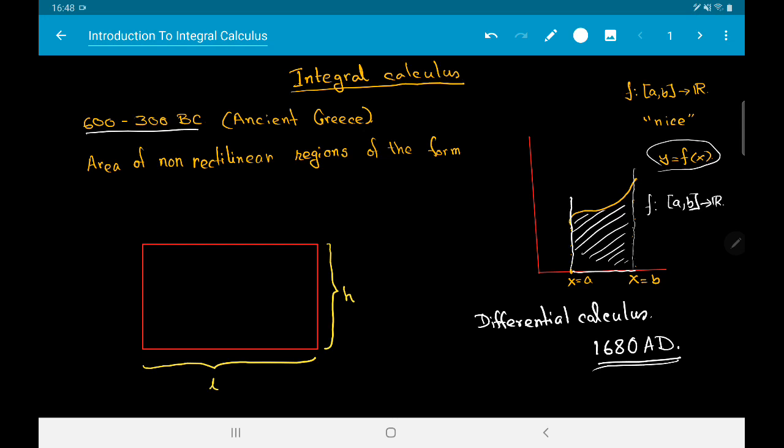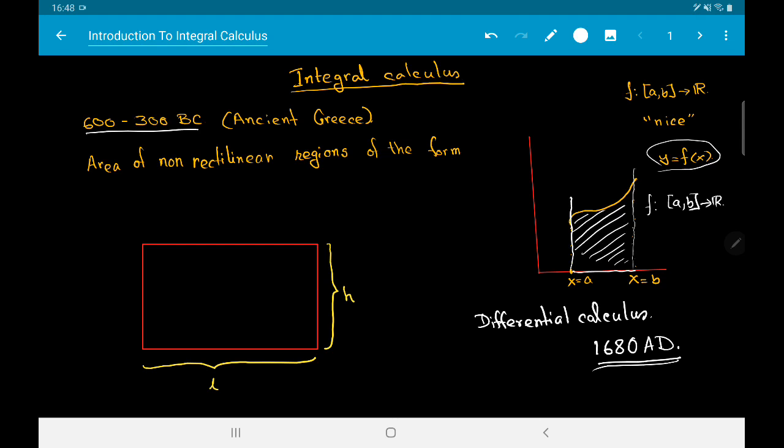So what we are going to do in our next couple of video lectures is introduce to you how integral calculus is actually studied without using differential calculus.